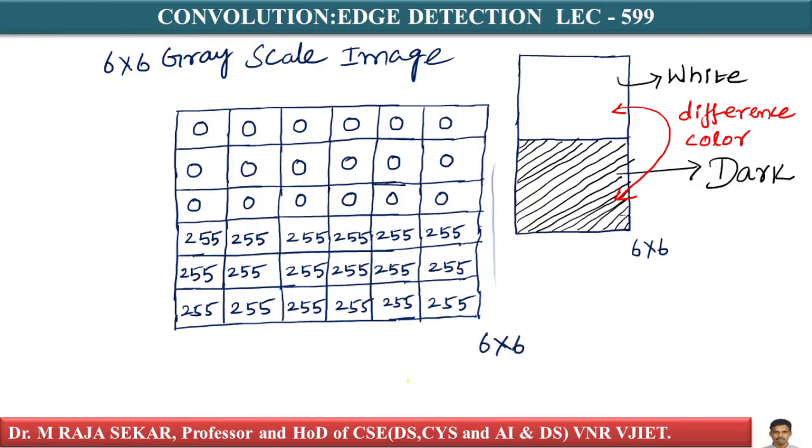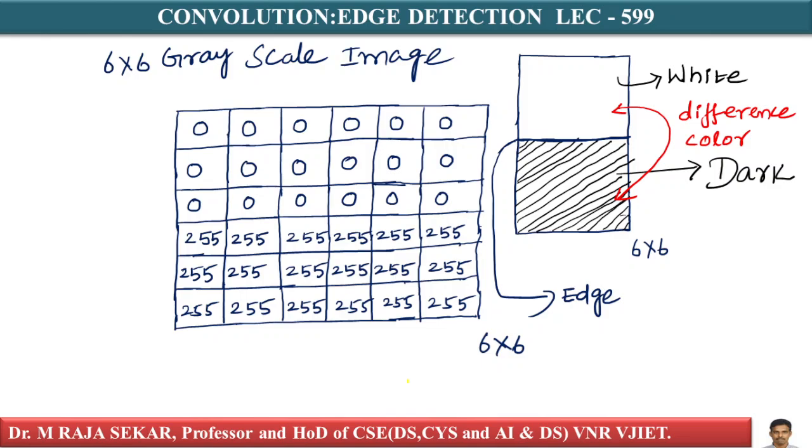That's why my eye sees an edge here. I can see the edge because there are two different colors, the white region and the black region. That's why my eyes see an edge.